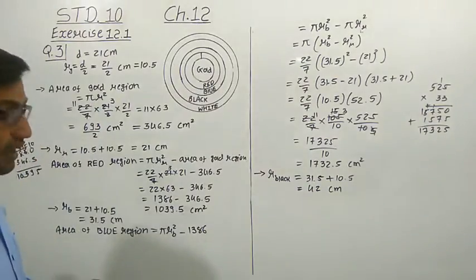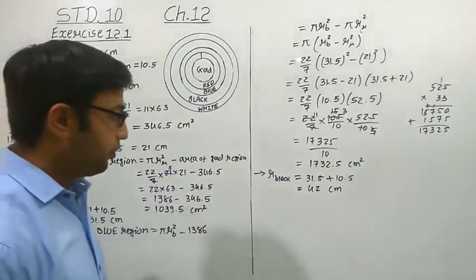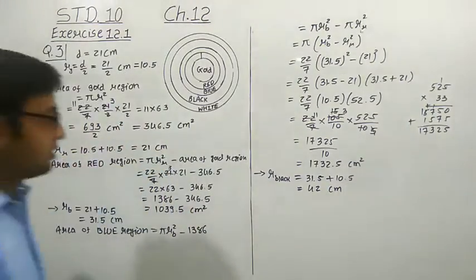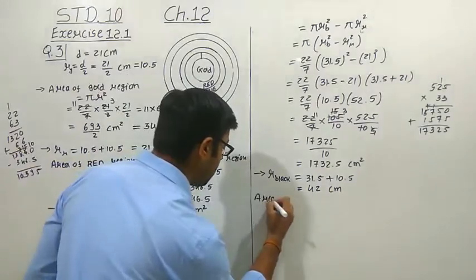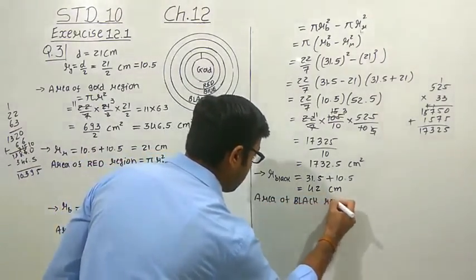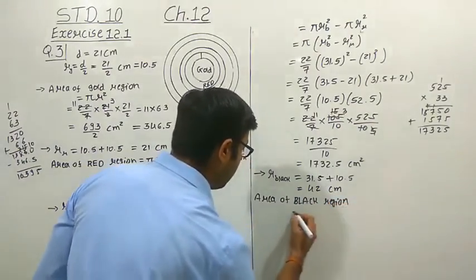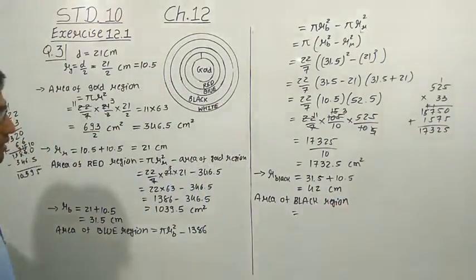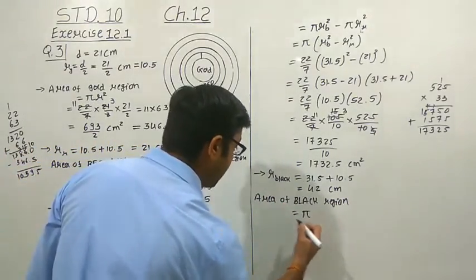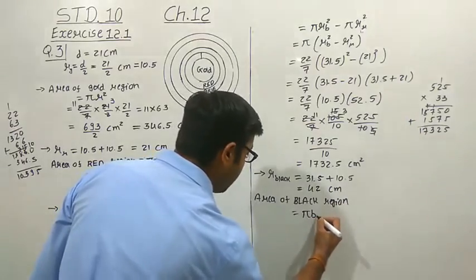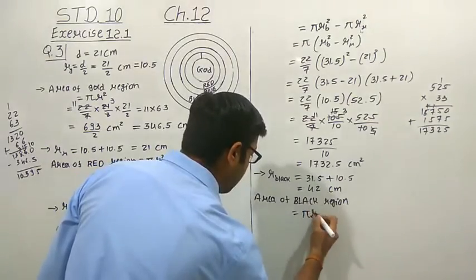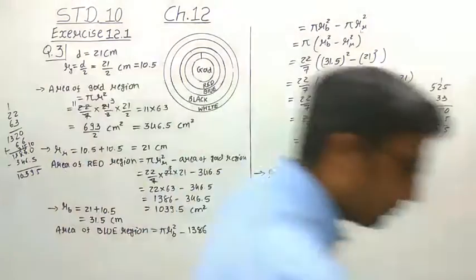Now it is for you to calculate the further sum. How? You can calculate the area of this black region by first taking the area of the black circle, that is pi R square with the radius of the black.